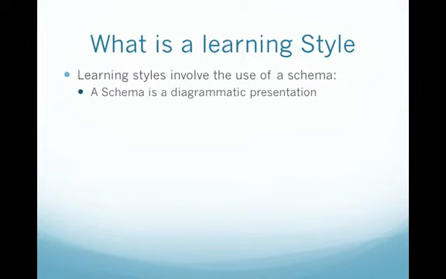So what is a learning style? Learning styles involve the use of a schema. A schema is a diagram representation, and an example of this would be an algorithm or a protocol, if you will. The algorithm pretty much starts at one spot and works its way down. Then they do this, then they do this, and so on.